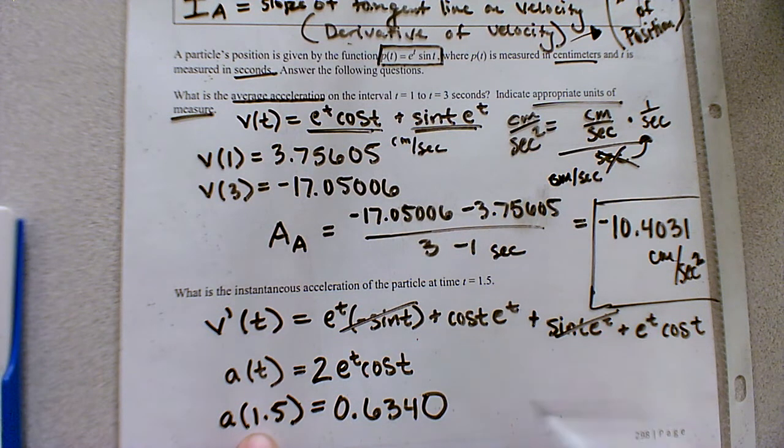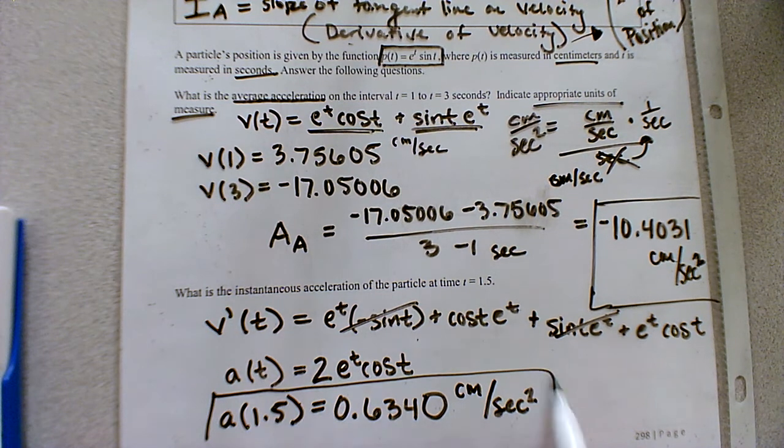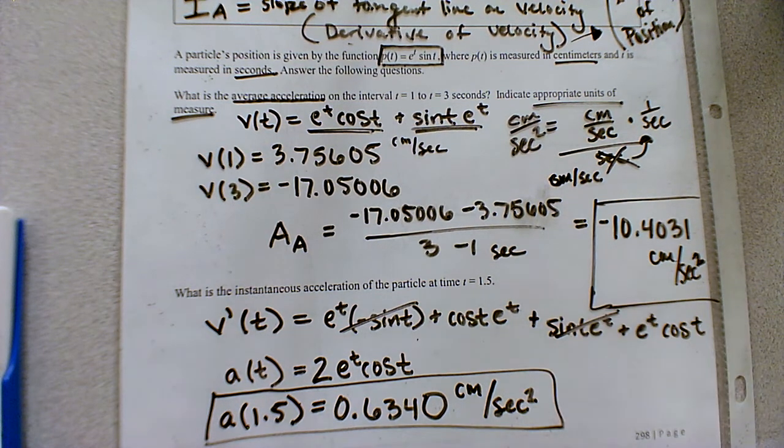And since it's our acceleration, we're going to have centimeters per second squared. Acceleration is a second derivative, so we're going to have that squared unit on the bottom. So at this point in time, 1.5 seconds, this is how fast the speed is changing. Since it's positive, the speed is changing quickly. Okay, it is accelerating at some value.